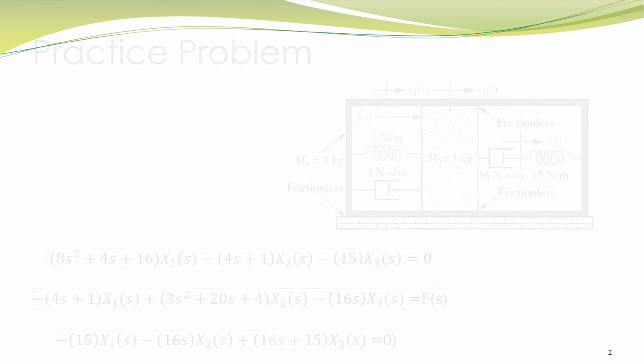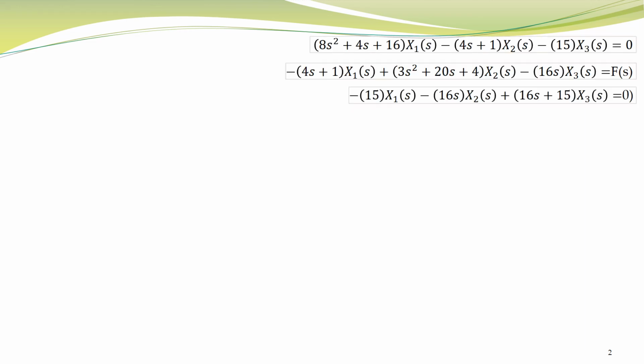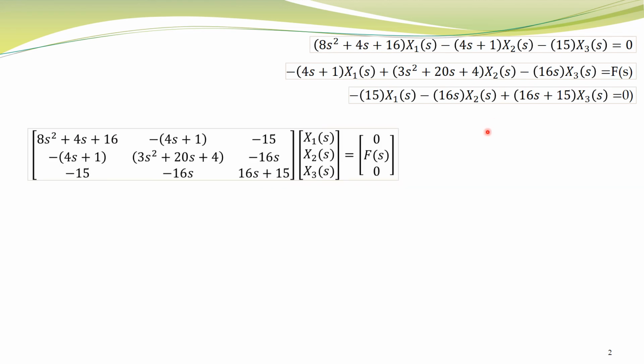We can obtain the transfer function for this mechanical system. Here are the three equations which were written on the previous slide. We can write these equations in matrix form like this one.